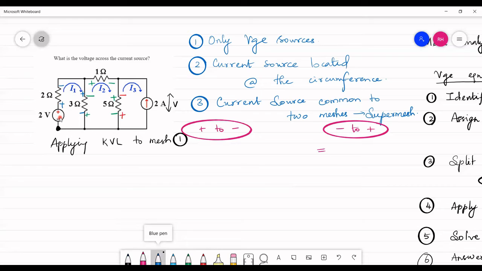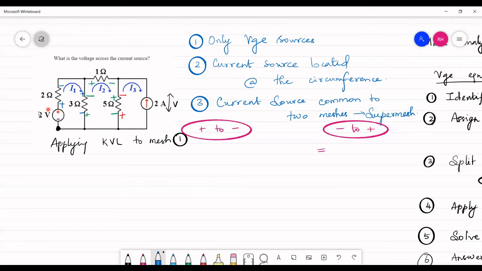So let me start with the first mesh. As you see, you're going to walk in this direction and you're going to write the voltages as you see. Starting from this point, I travel from minus to plus.